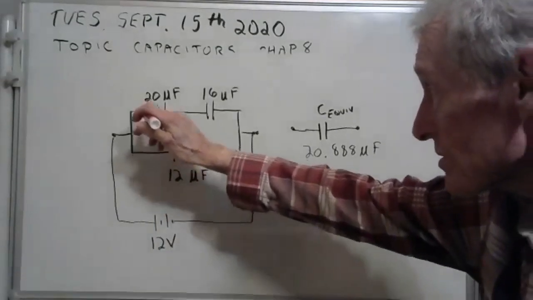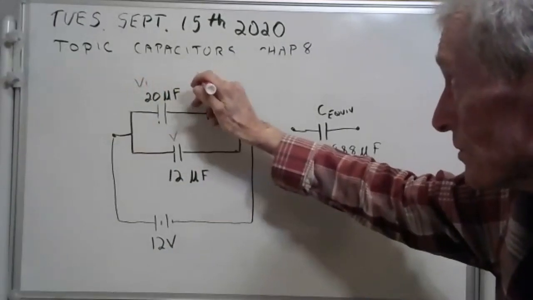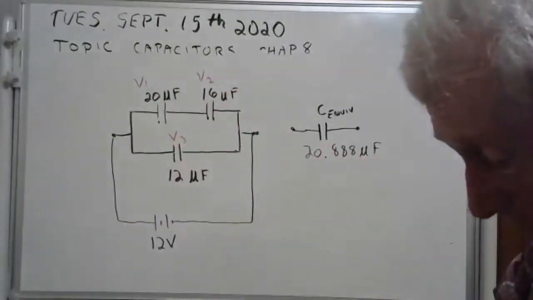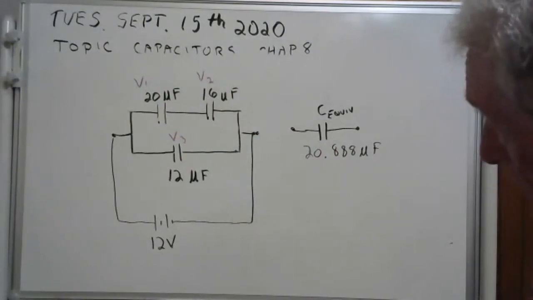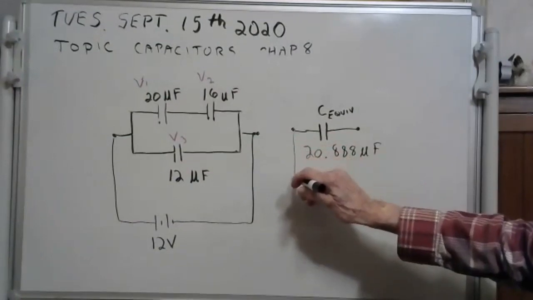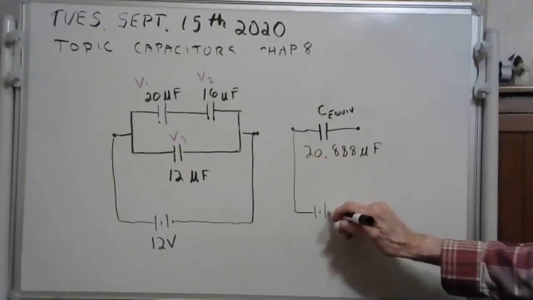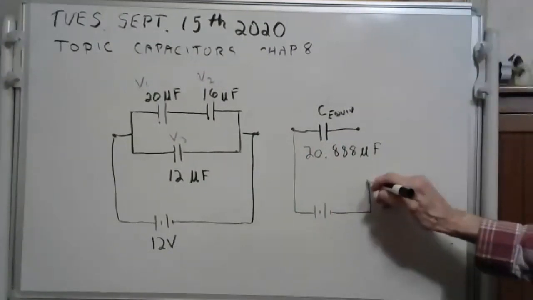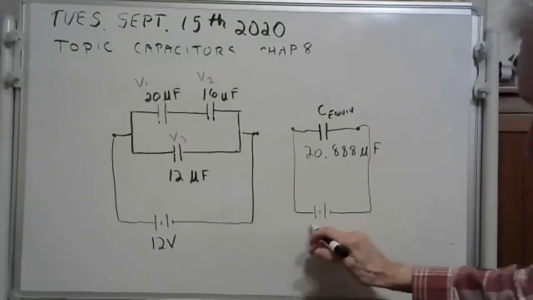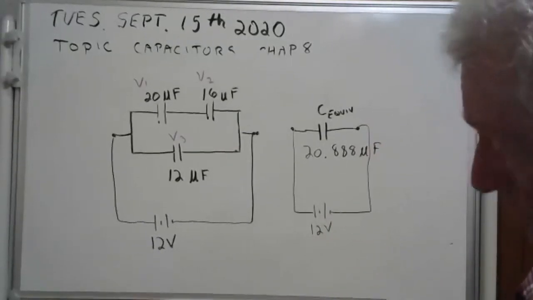We could call this V1, V2, we need the voltages. Of course, in the equivalent circuit, we can put that 12 volts on there also. But we need those three voltages.